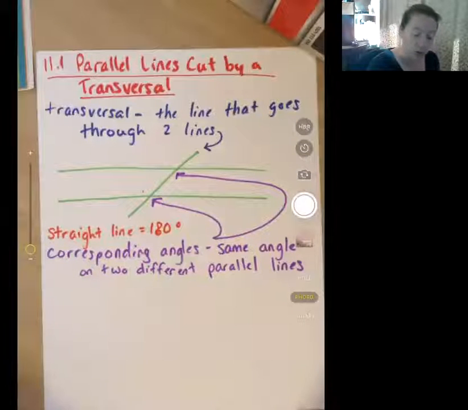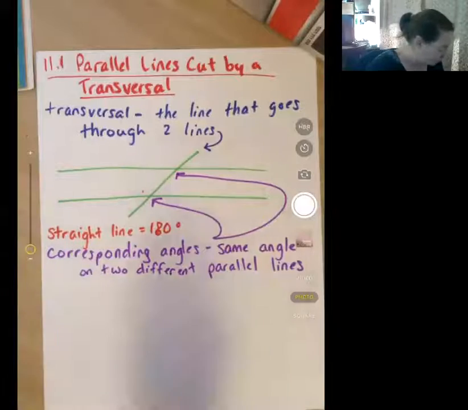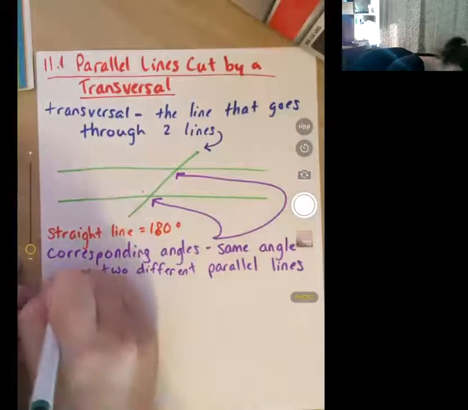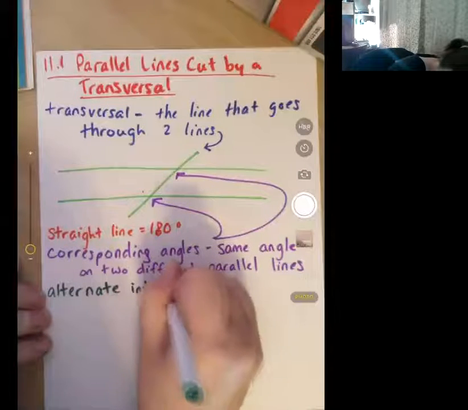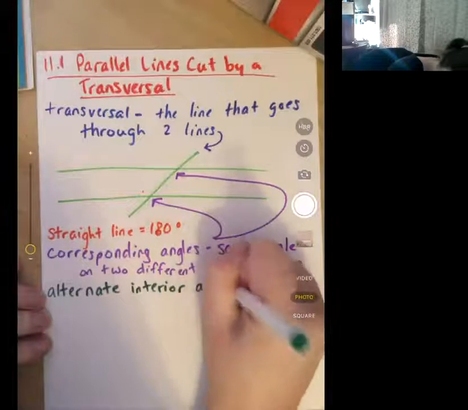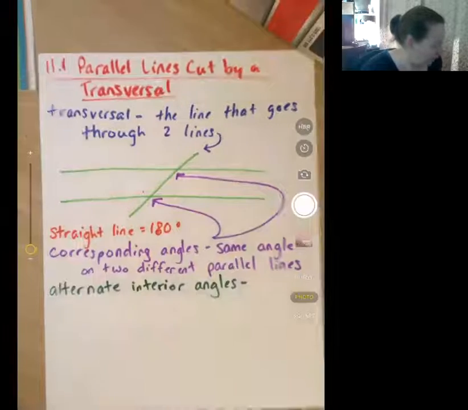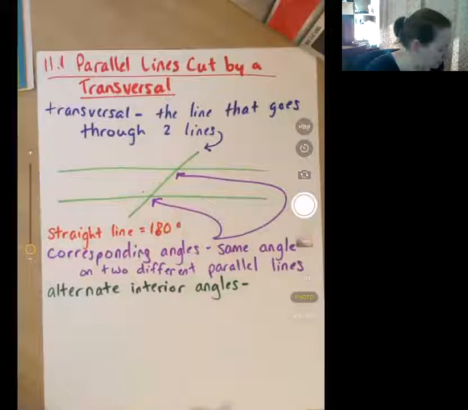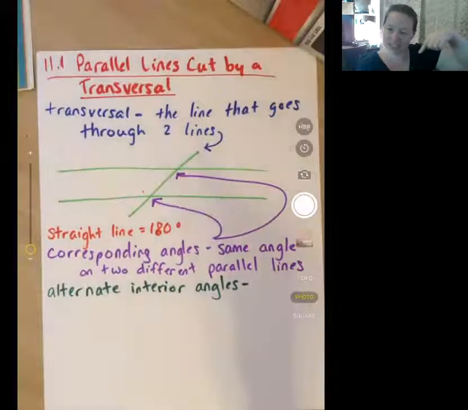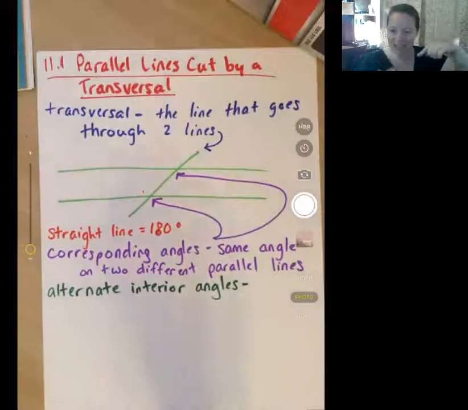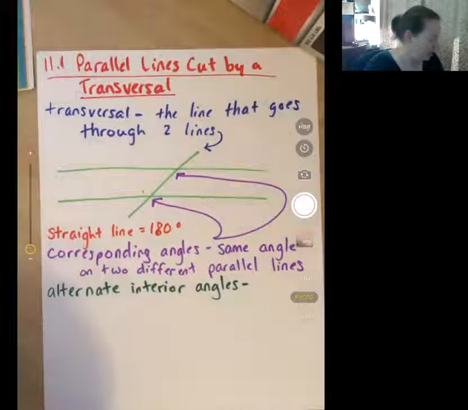Next one that we have are the alternate interior angles. Okay, so these are on opposite sides of the transversal, on the other parallel lines. So they are opposite.